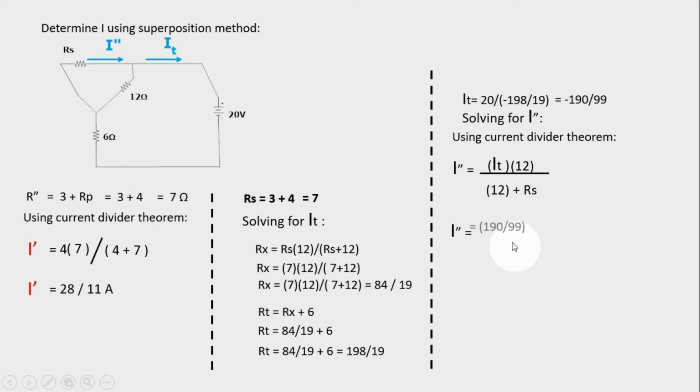So I double prime will be negative 40 divided by 33.